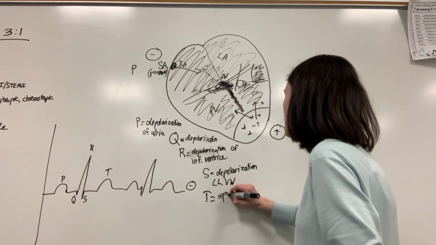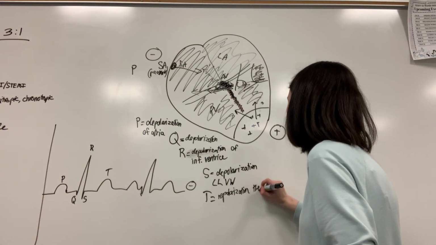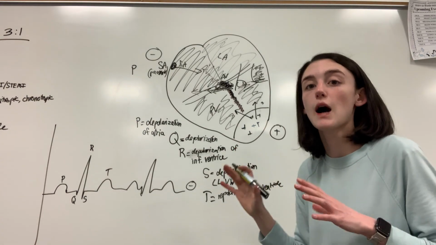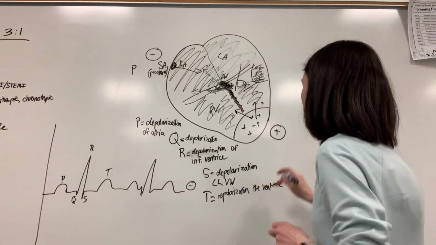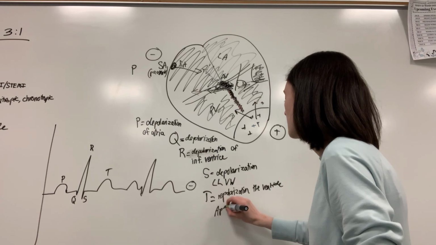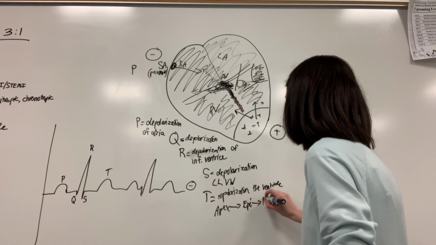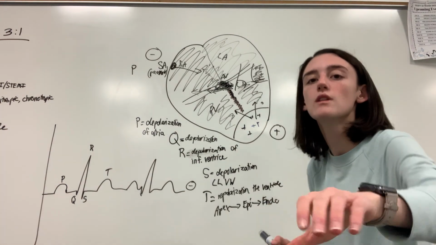So we're going to start repolarizing the ventricles. And it's basically going to happen in the opposite order that the depolarization happened. So another thing we need to remember is the order of repolarization is going to be from the apex to the epicardium, and then finally to the endocardium. And that's what's going to happen in a regular EKG.